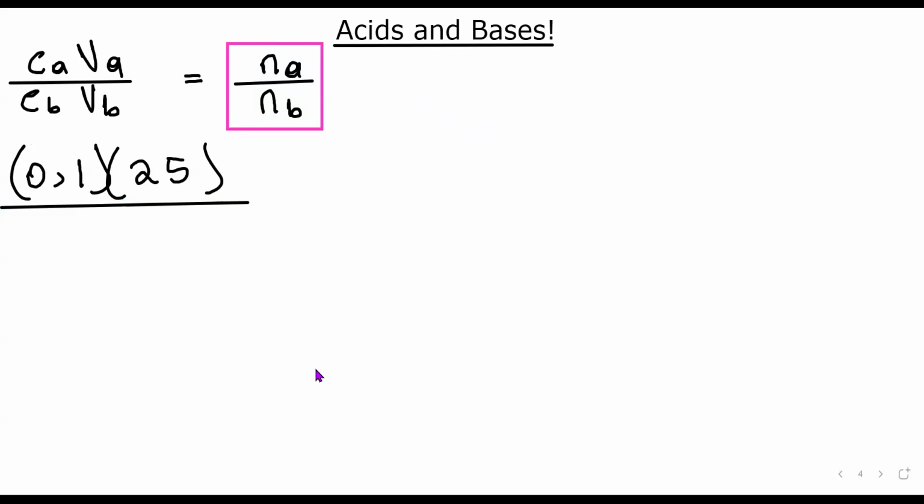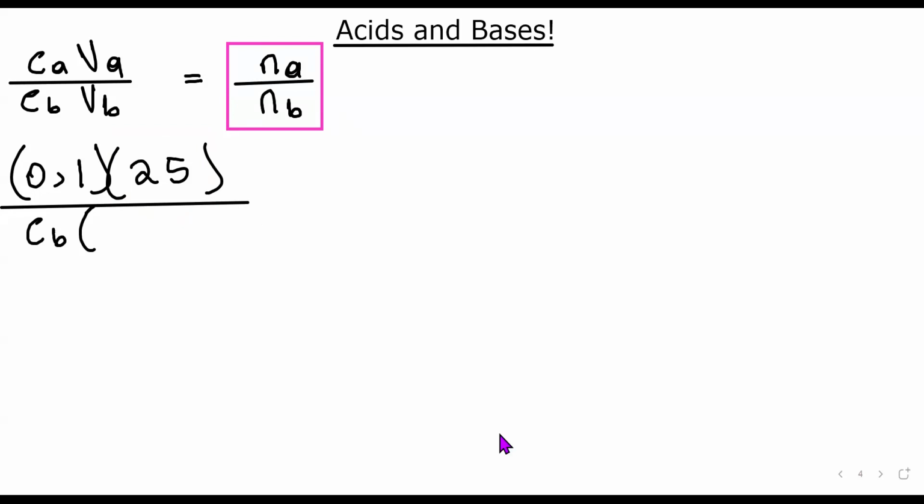And remember, I told you that in this formula, you don't really need to convert from cubic centimeters to cubic decimeters. You can just use that. It's perfectly fine. But now we are looking for the concentration of the base. And how do we get the volume of the base? We need to find the average.